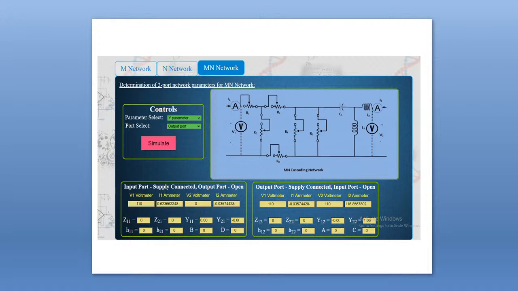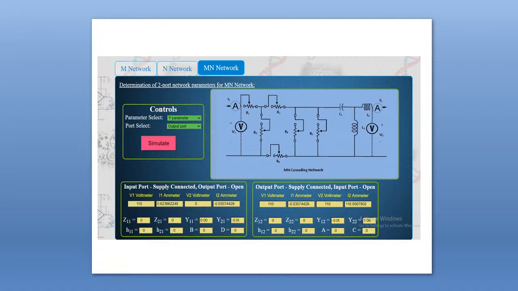You just click the MN network tab. You see there are a total of 3 tabs available. One is M network, another one is N network, and the third one is MN network. So I suggest you must click on MN network. Then you will find the combined network or two-stage network.